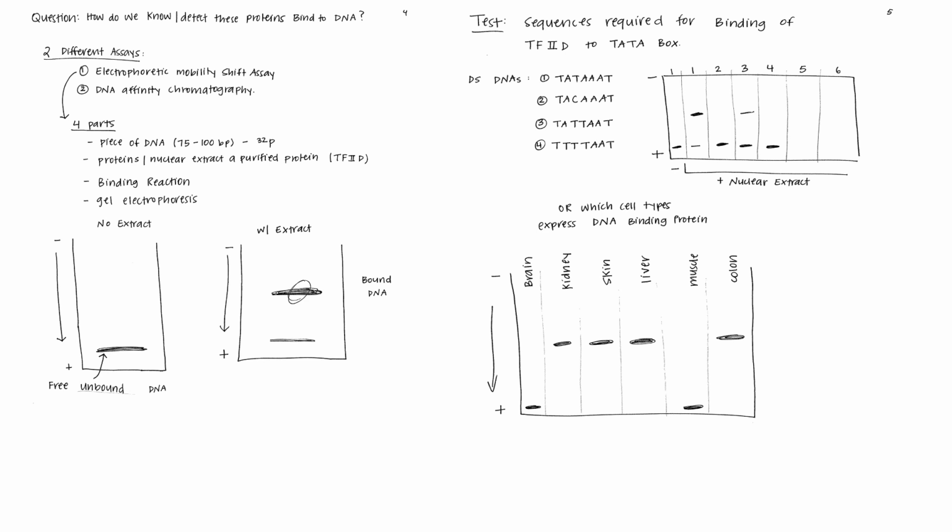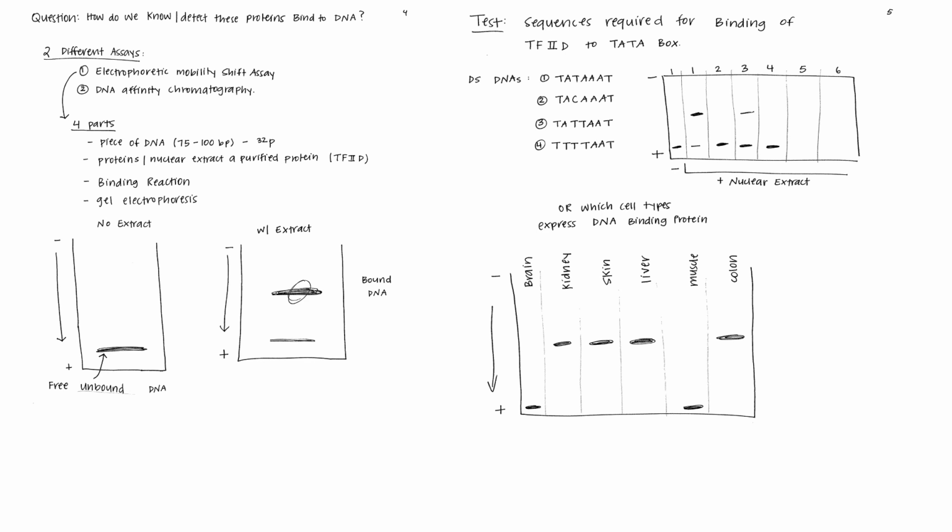In both those cases, we're using the same DNA, the TATAAAT, but in the very first lane, there's no extract. So it runs fast. If you add the extract, you can see on the bottom which ones have nuclear extract added. You run the gel and you see there's a shift. It's running more slowly because the TATA binding protein, or TF2D, is bound to that. So you get a shift up.